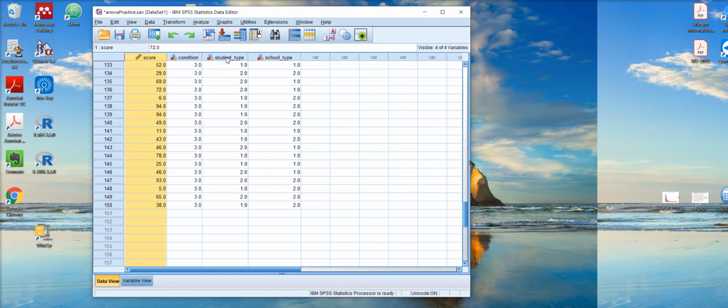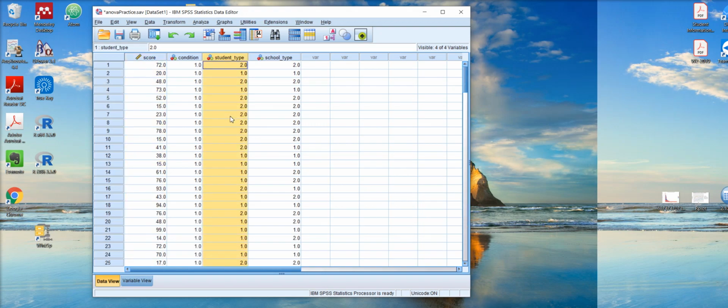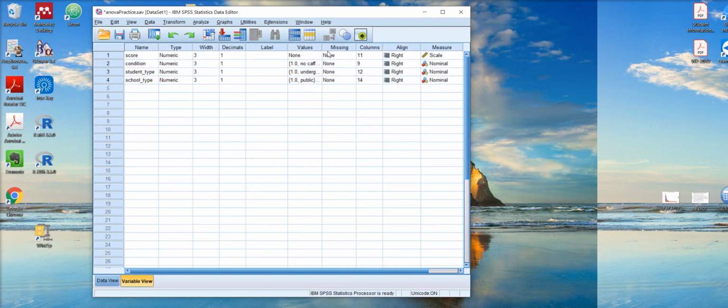And then student type is whether they're an undergrad or a graduate student. If they're an undergrad, they would be a 1, and if they're a 2, they would be a graduate student. And then school type is 1 for public and 2 for private. If you look at the variable view right here, you can see the values for these conditions.